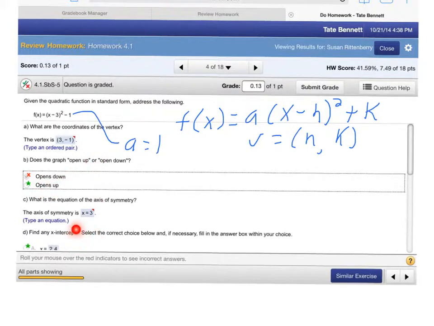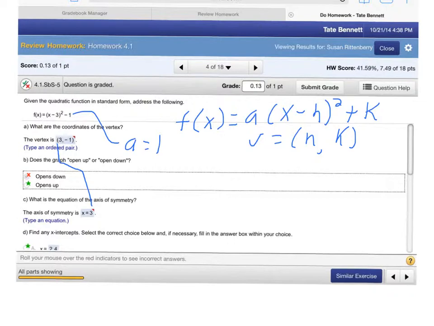Then it asks, what's the axis of symmetry? Well, the axis of symmetry will always be x equals whatever the x-coordinate of the vertex is. And so that's where the x equals 3 comes in, that's the coordinate right there.